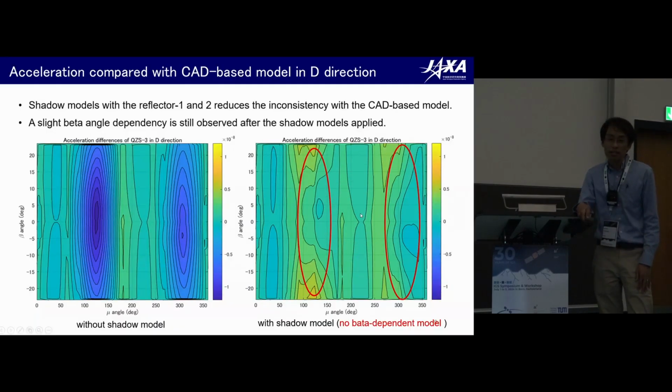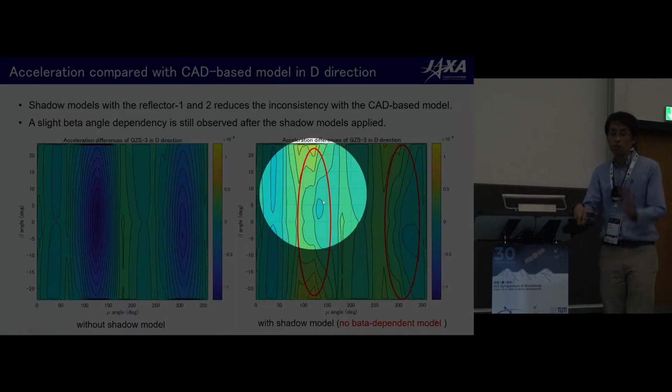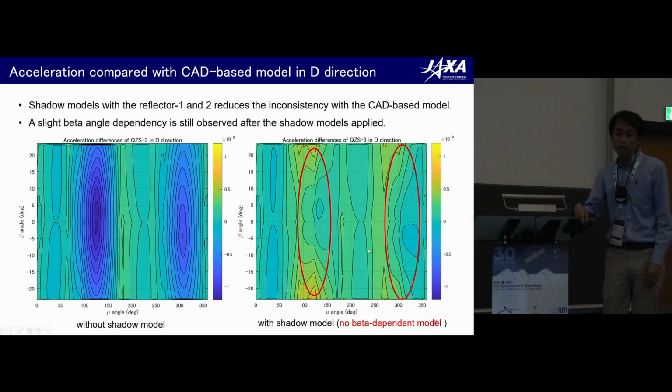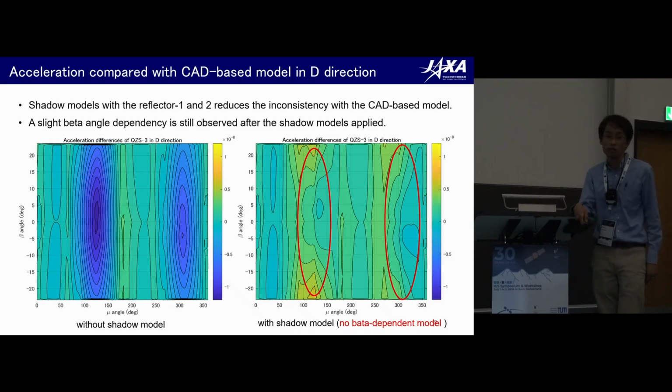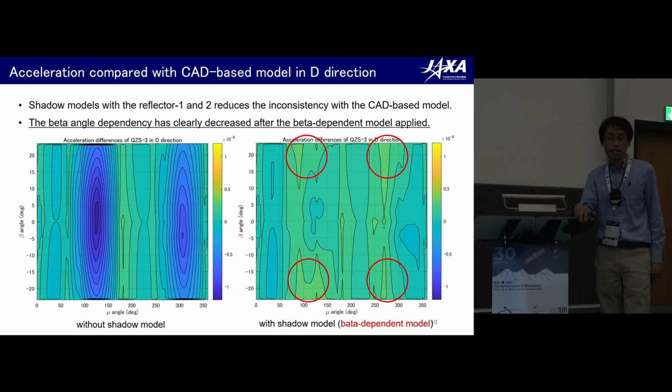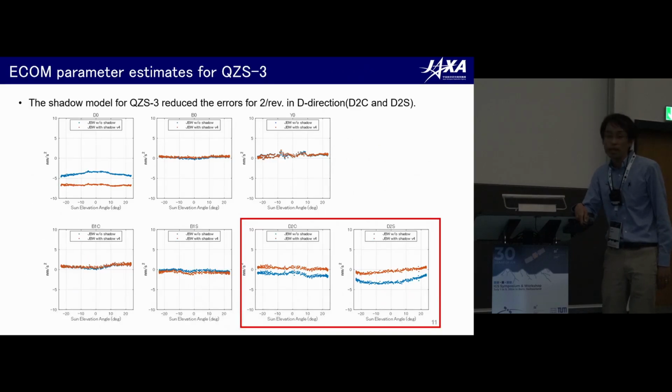On the other hand, we cannot see a clear pattern in the right figure, which considers the shadowing effect, but in this figure we didn't consider the beta dependent model. So a slight beta angle difference tendency is still observed, but after applying the beta dependent model, the beta angle dependency has clearly decreased.